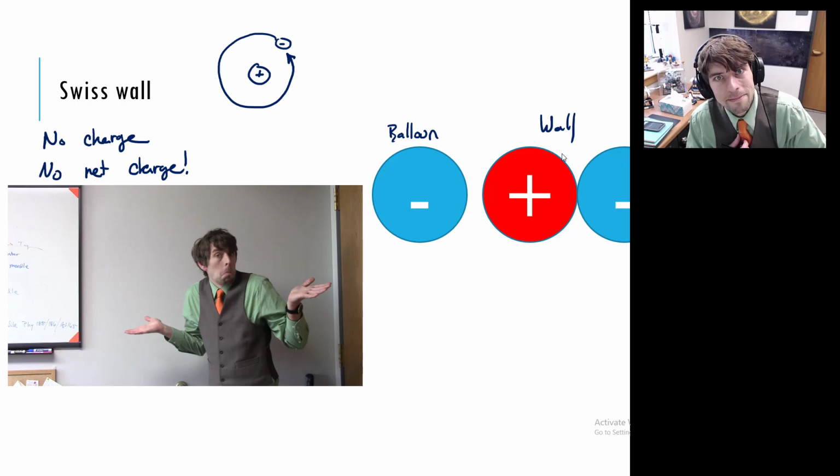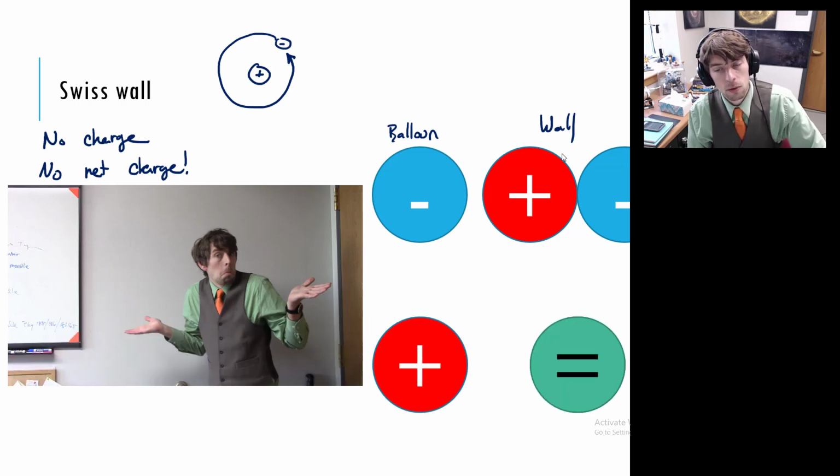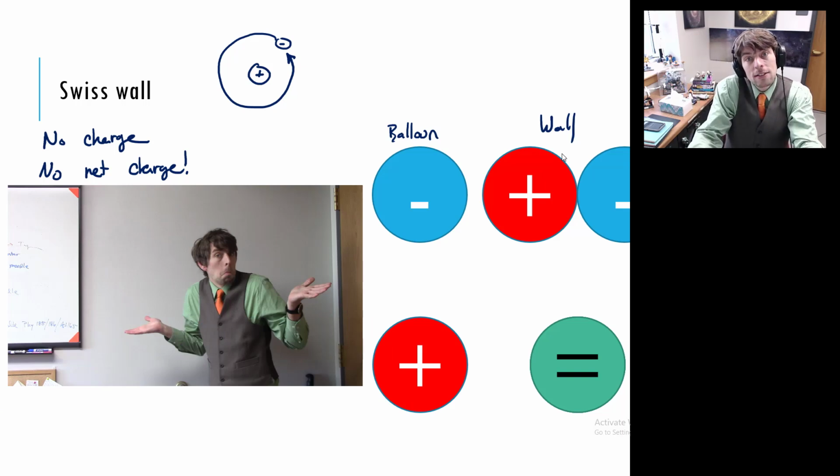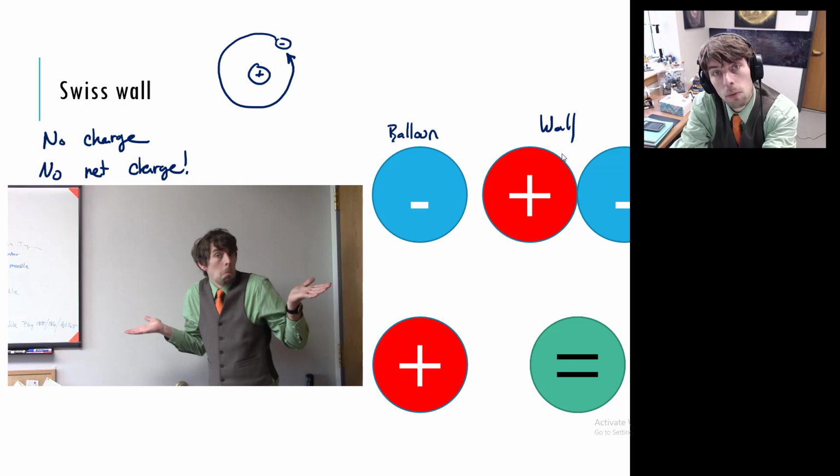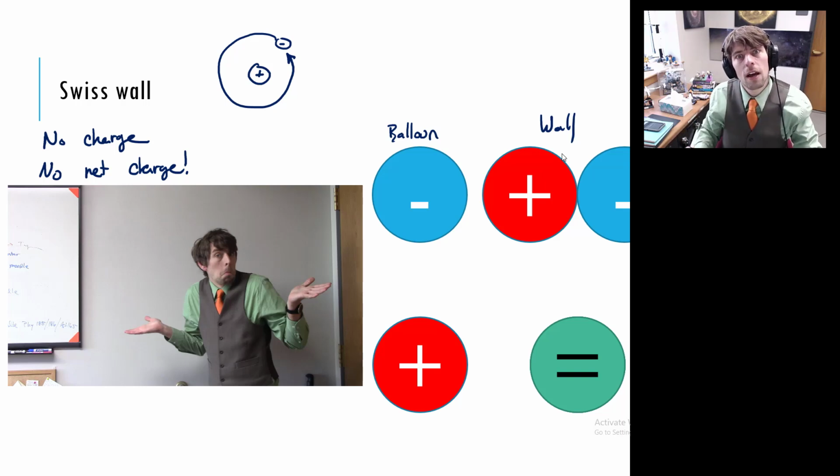Pretty cool, huh? Of course, there's nothing special about that. If I had brought in a positive charge close to the wall, what would happen there? That positive charge will attract the electrons in the wall, and so it will pull those electrons just ever so slightly closer to the balloon.